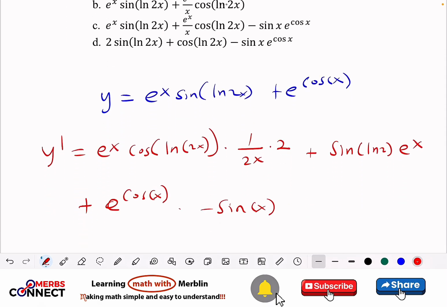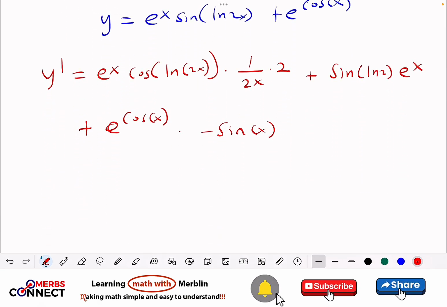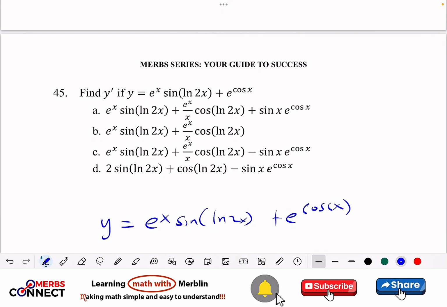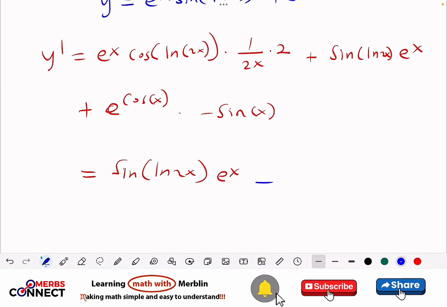So let's see. Let's try and write it in the form of what is given. So they wrote this one first. So we are going to have sine ln of 2x. This one is supposed to be x here. e to the x. Then this one is going to give us minus. So let's see how they wrote this one. Is it minus or plus? Okay, so it's plus. This and this will cancel out.